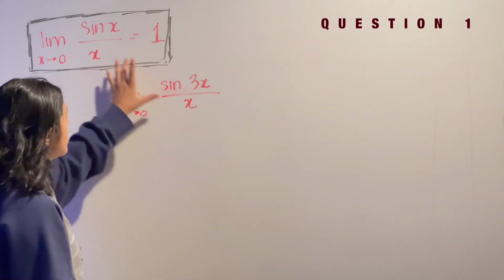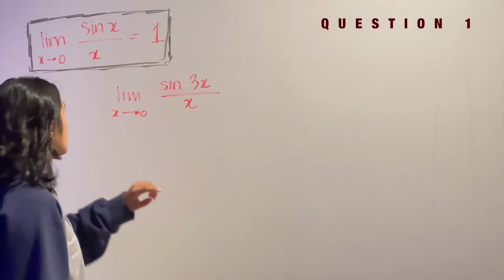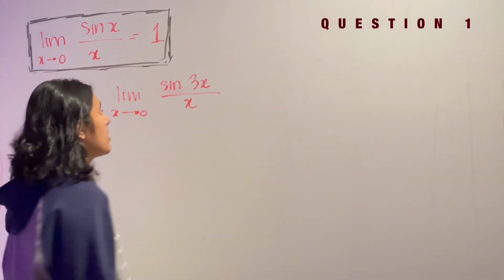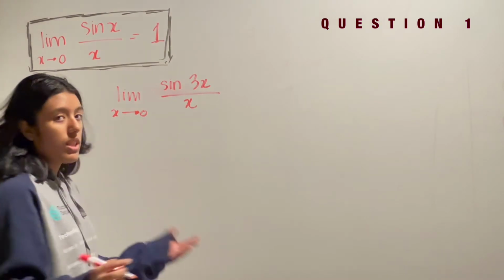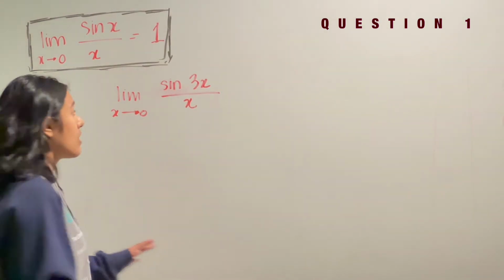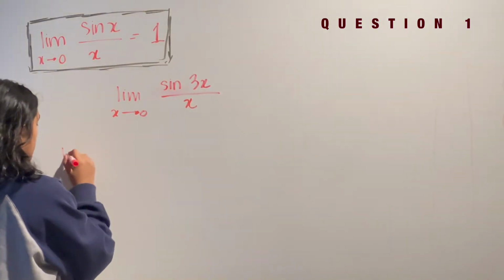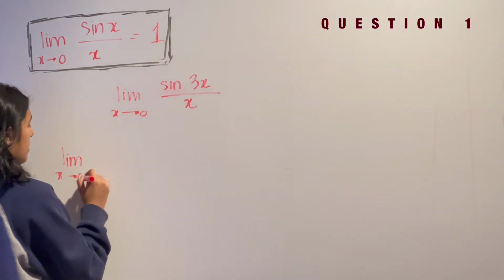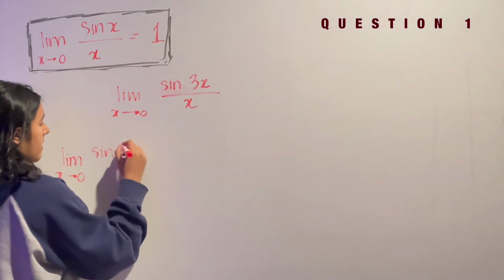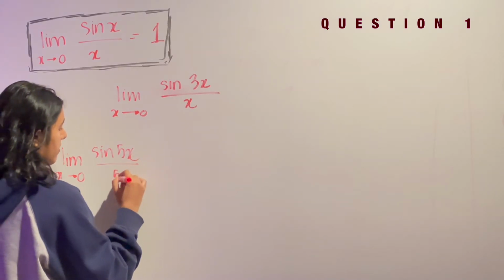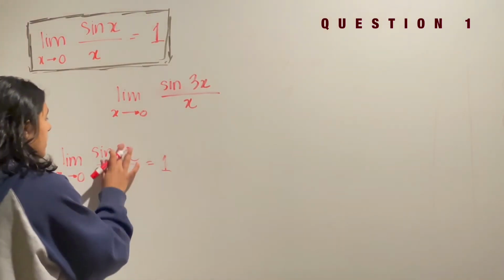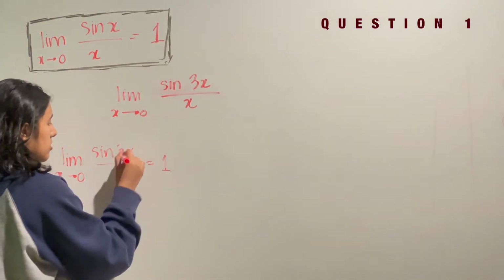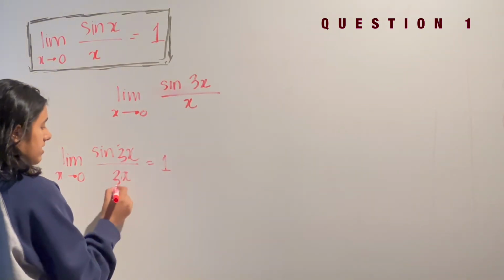We know it's kind of in the form, since we have an x in the denominator and a sine x in the numerator, but here it's 3x and here it's x. From the last example we saw that the limit as x tends to 0 of sine 5x over 5x is equal to 1. Now you can replace any number for 5. You can say 2x, or you can even say 3x.